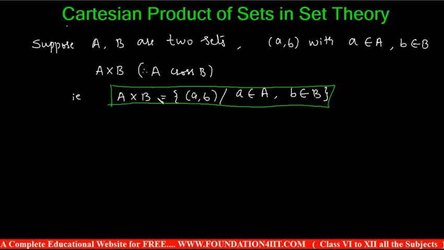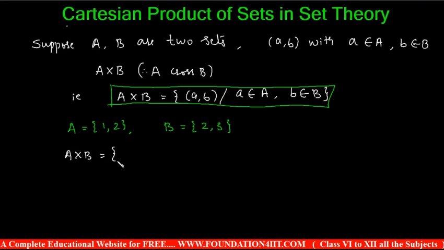Let us see the problems also. But before the problems, let us see some definitions. Take an example: if set A has elements 1, 2 and B has elements 2, 3, how many possibilities should we write from this A cross B?